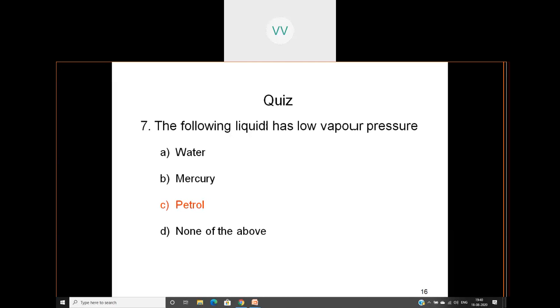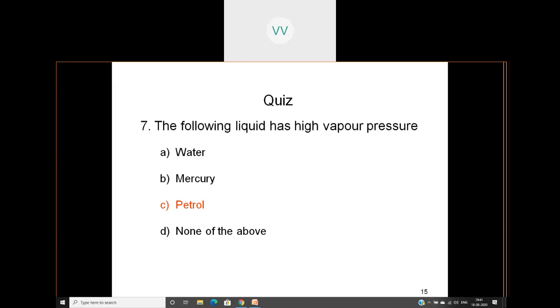That is why we should not keep petrol openly. It is inflammable, it easily catches fire, and it easily evaporates. That is why you don't take petrol in the loose condition or in the open condition. Usually we see some people taking petrol in a bottle, but it is actually risky and dangerous, so that should not be allowed.